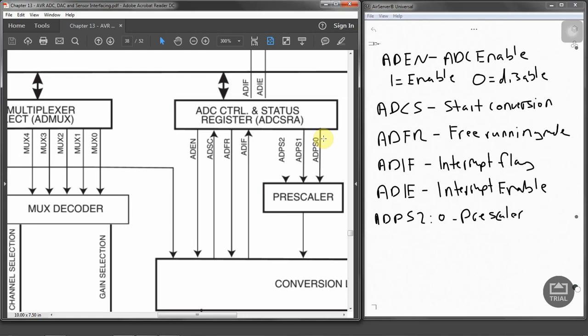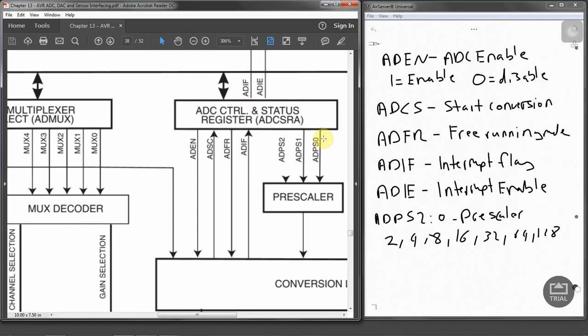So to do that, we need these prescaler bits, which are used to determine the division factor between the system clock and the input clock of the ADC. It can be configured as 2, 4, 8, 16, 32, 64 or 128. And we'll see these bits later on as well.